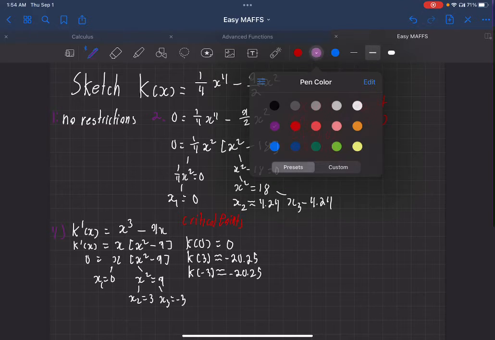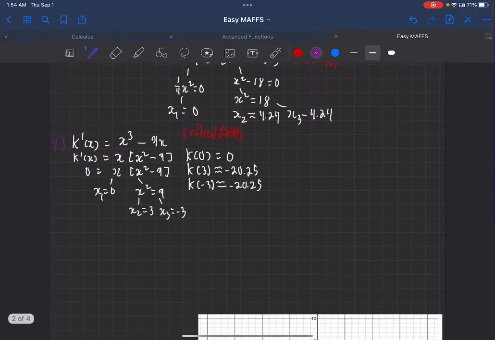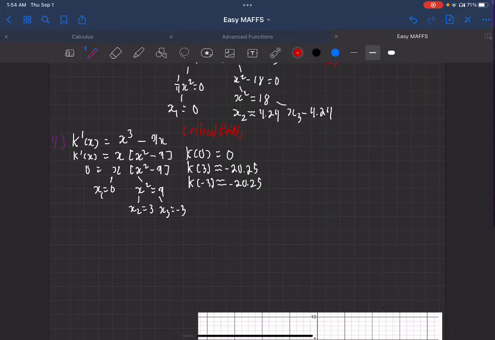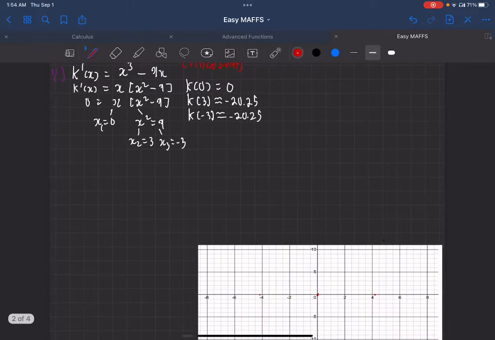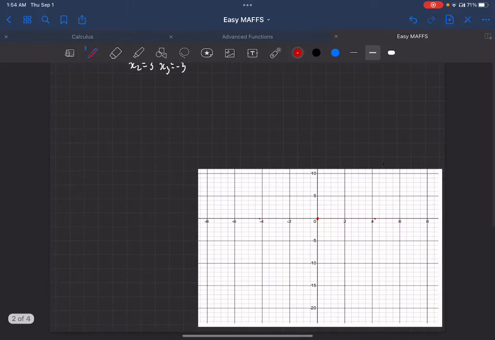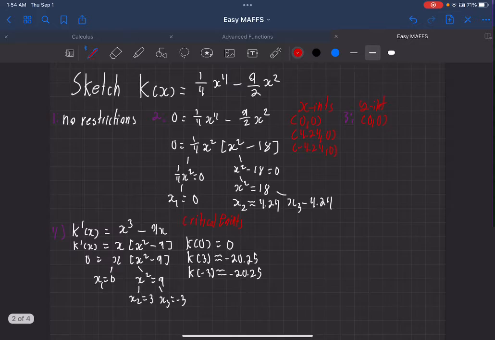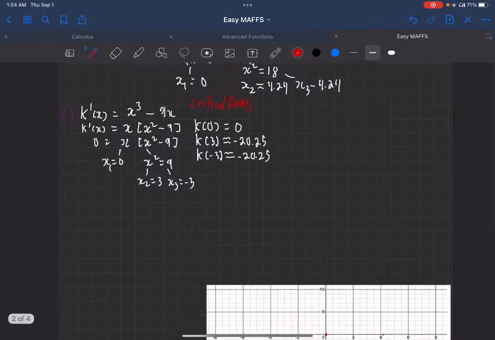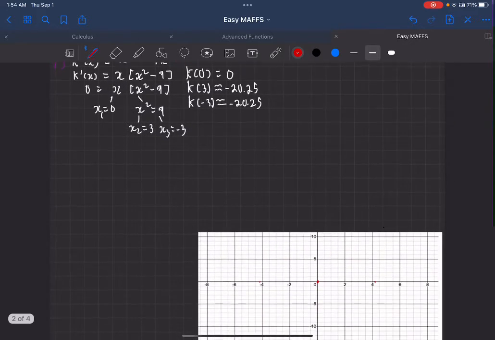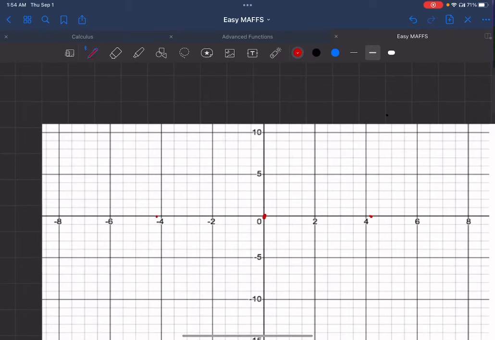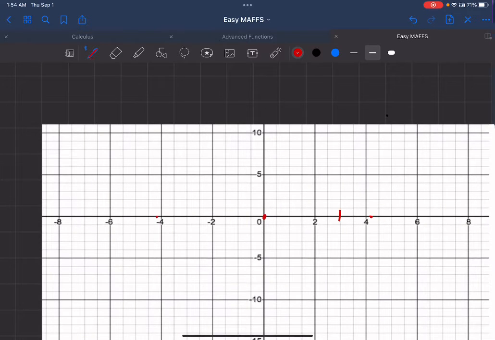All right, step 5. Let's graph our critical points so we don't forget it. Okay, so (0, 0), we already have that. Wow, (0, 0) has an x-intercept, a y-intercept, and a critical point. It's pretty important. (3, negative 20.25). So we go to 3, so 3 would be around there.